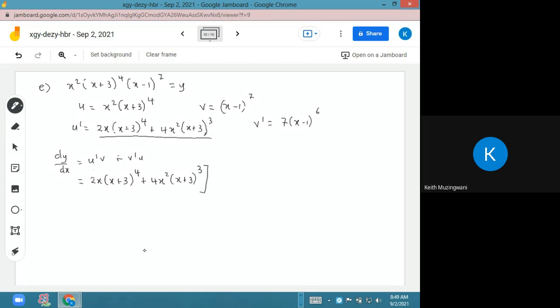This whole guy multiplied by v, which is x minus 1 to the power 7, plus v prime 7 x minus 1 to the power 6 multiplied by x squared, which is u, x plus 3 to the power 4. We are done.